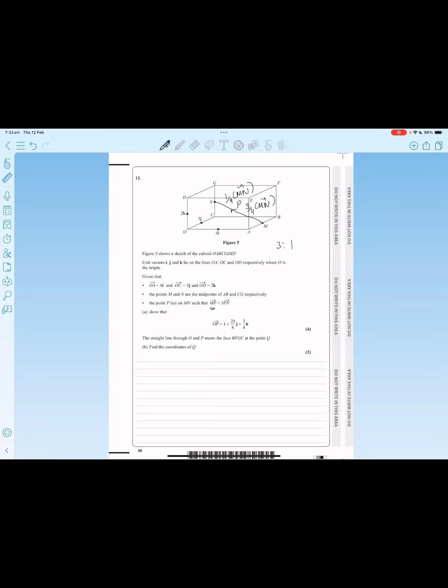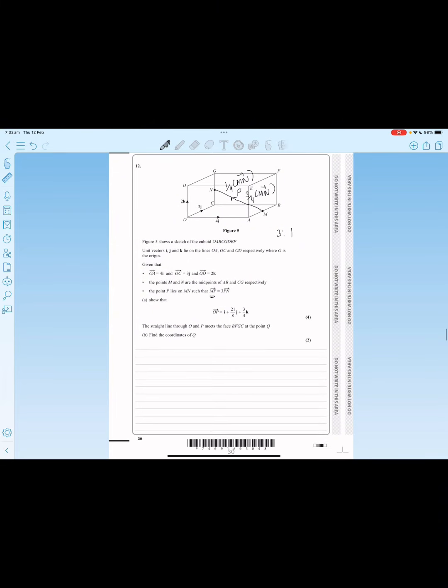Okay, so the first thing that we can do is we know that P lies on the line MN, right? So the first step that I'm taking naturally is to find the vector form for MN. Now, how can I do that? I know that for part A, MN is essentially just the sum of MO plus ON, which are just the positional vectors. So first step, let's find OM.